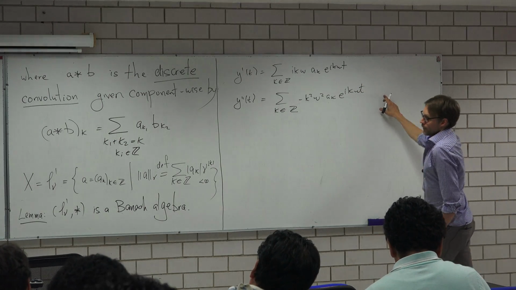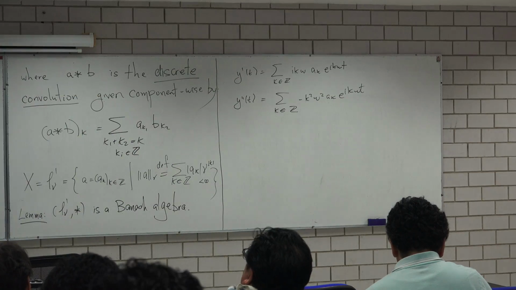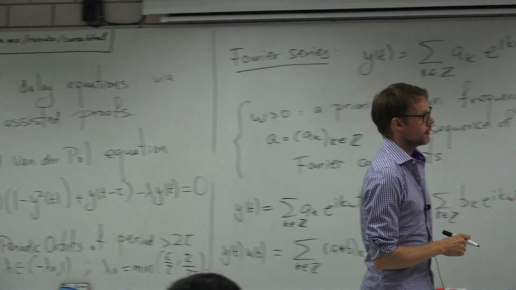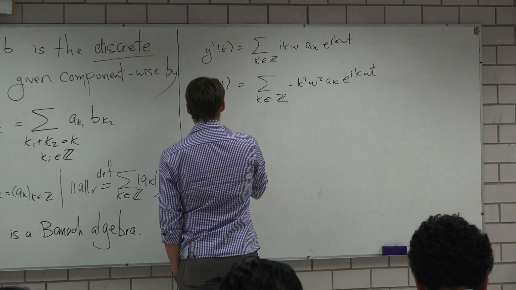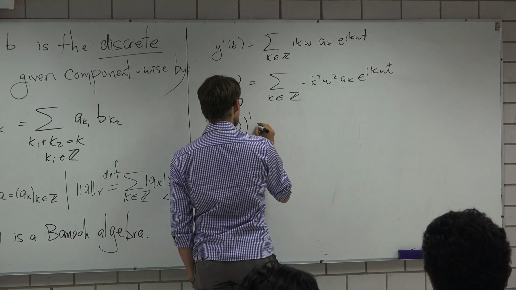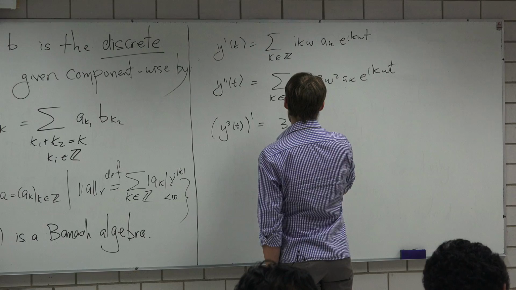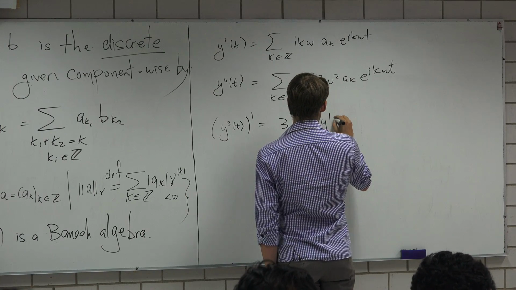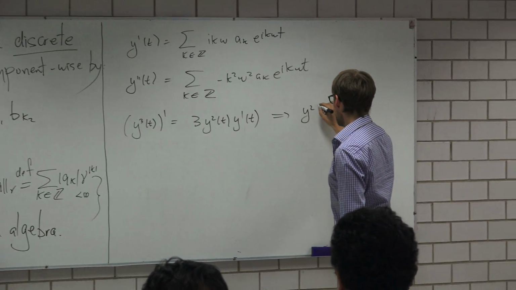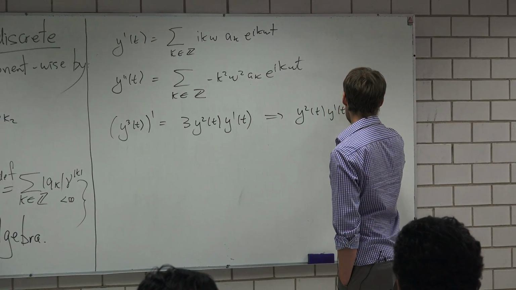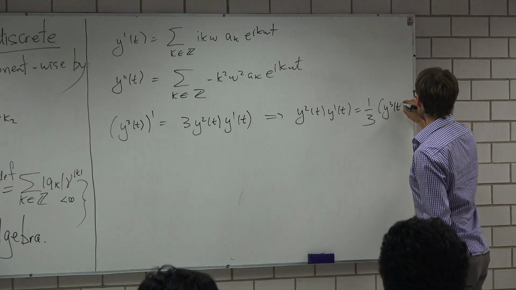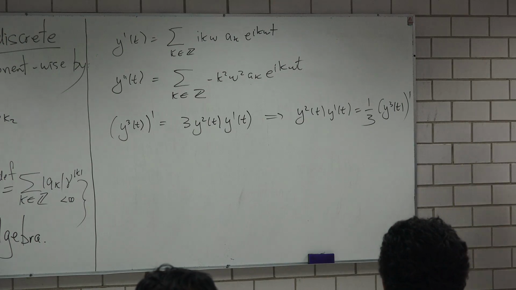Now I will multiply y squared by y prime. And one nice little trick here is the following. Observation: if I take the cube of y and I differentiate it, then I have 3 y squared times y prime of t, which means that y squared y prime of t is 1/3 times (y cubed) prime.